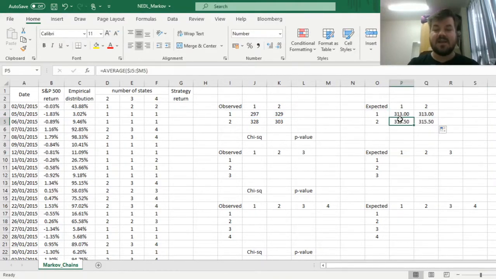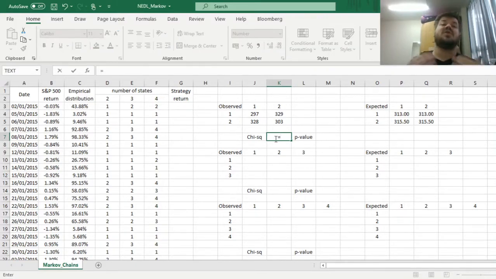So we can see that here we would have expected an observation of state 1 to be followed by 313 observations of both state 1 and 2, and it quite significantly deviated from the reality. But to formalize our hypothesis testing, we have to calculate the chi-squared statistic. And we can actually do it in one go here.